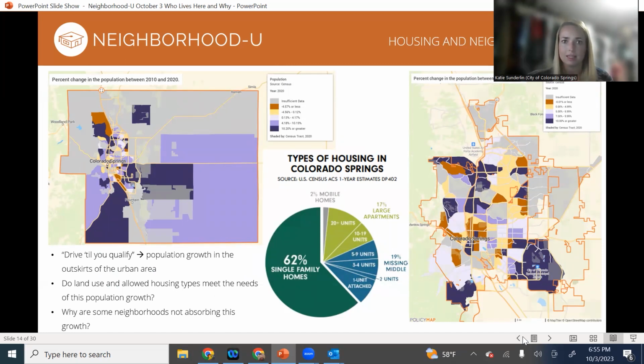I think everybody has seen lots and lots of single family home neighborhoods that don't allow for the building of accessory dwelling units on them, which an accessory dwelling unit is like a mother-in-law suite in your backyard. So if you wanted to have a college kid around UCCS or around Colorado College live in your backyard and rent a small 700 square foot ADU, you have to be properly zoned.